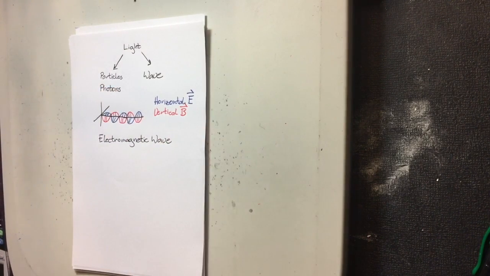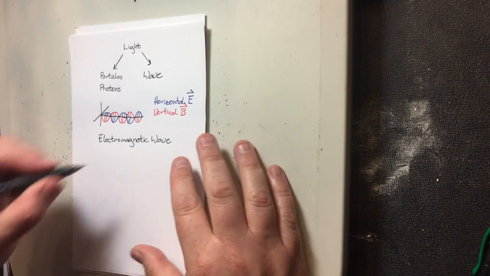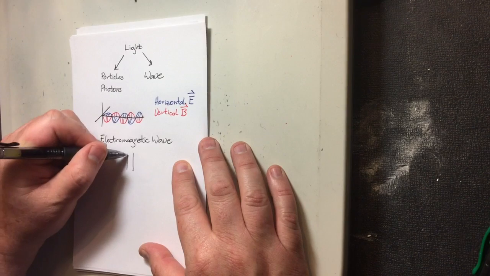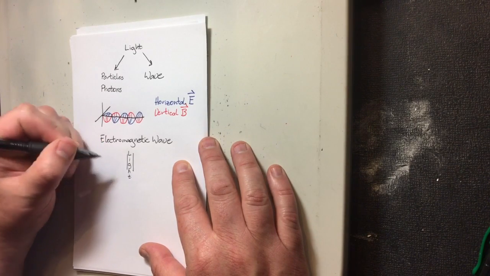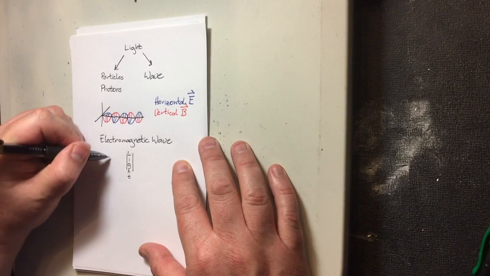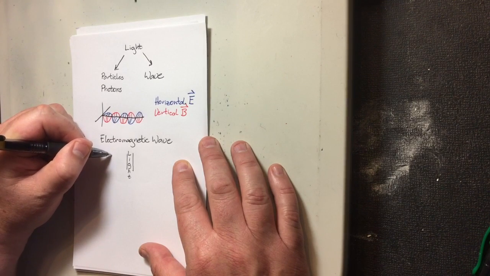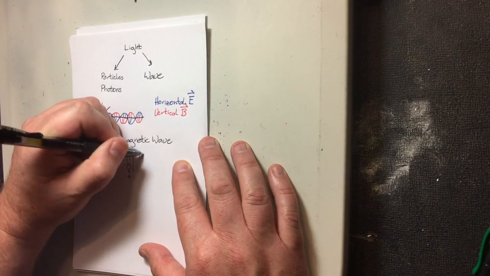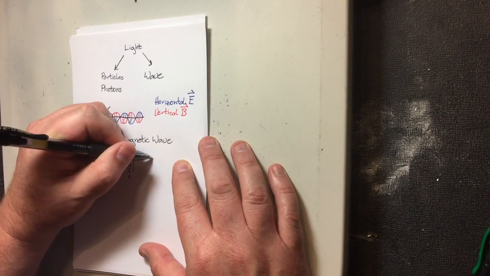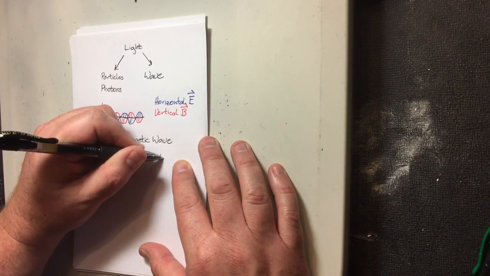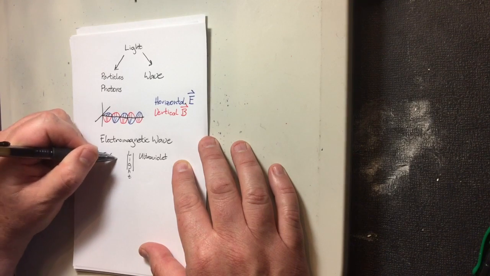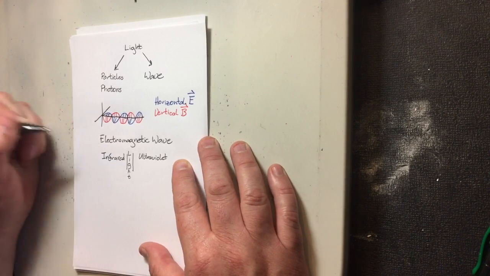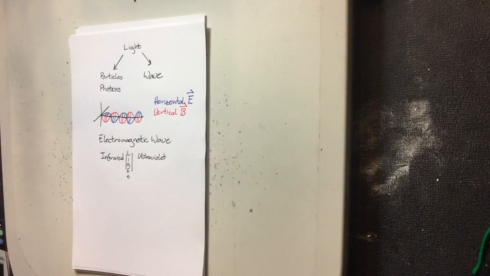An electromagnetic wave comes in all sorts of forms. You've got light sitting there in the middle. And then on one band, you've got the ultraviolet, and the other side, you've got the infrared.